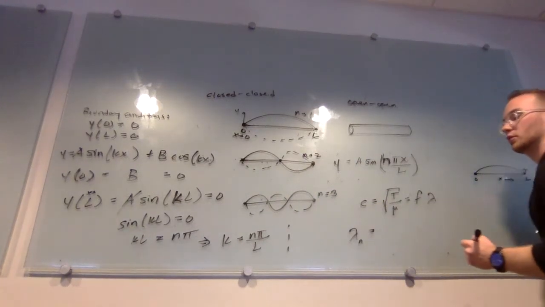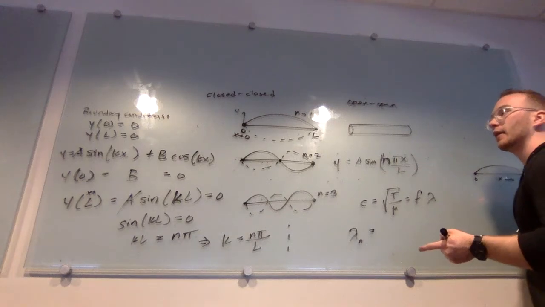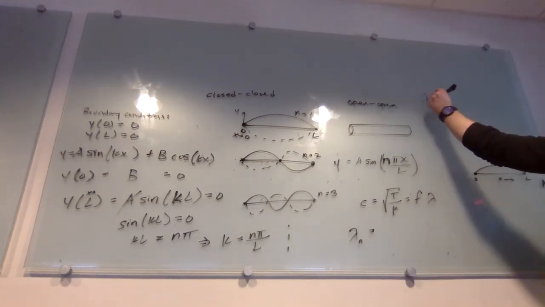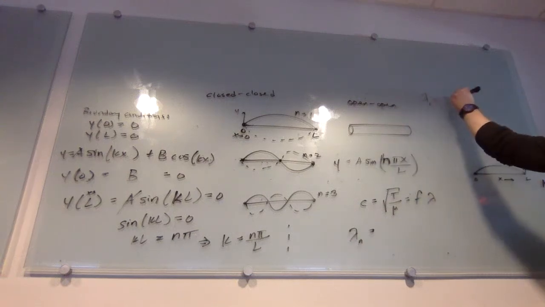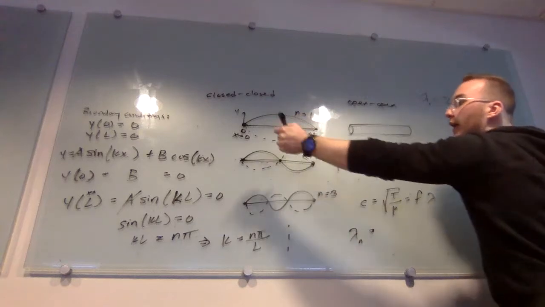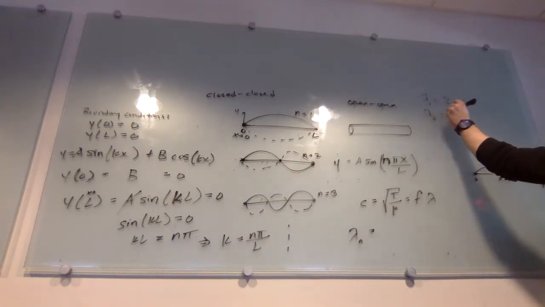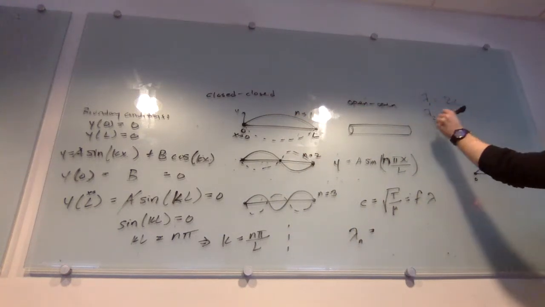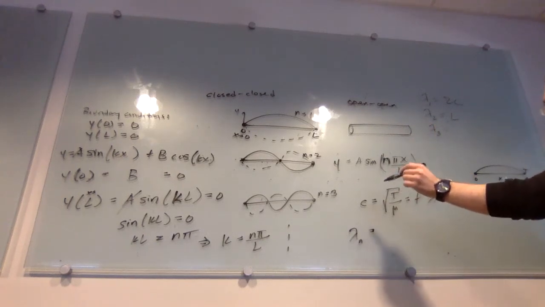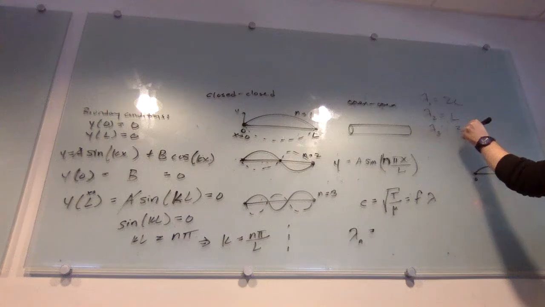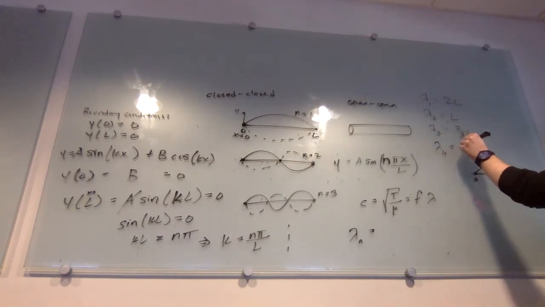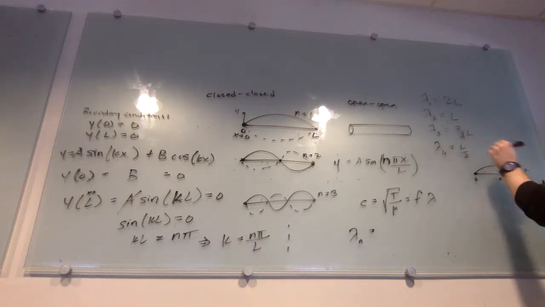So lambda 1 is going to be 2L, because the wavelength of this one is going to be double whatever L is. Lambda 2 is going to be just L. Lambda 3 is going to be 2/3 of L. Lambda 4 is going to be L over 2.